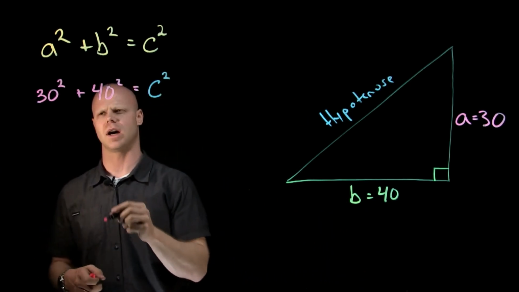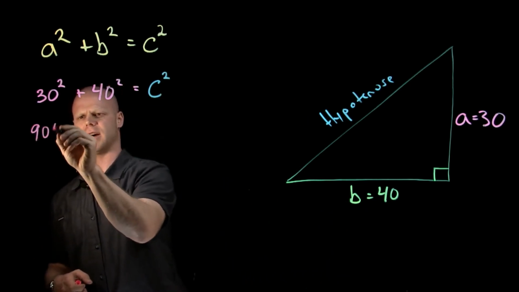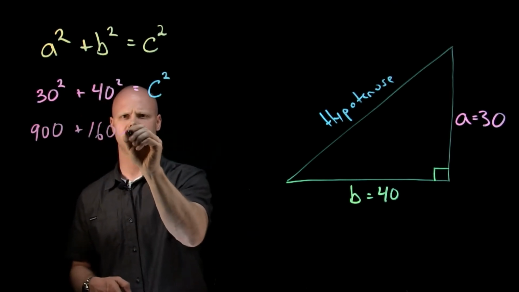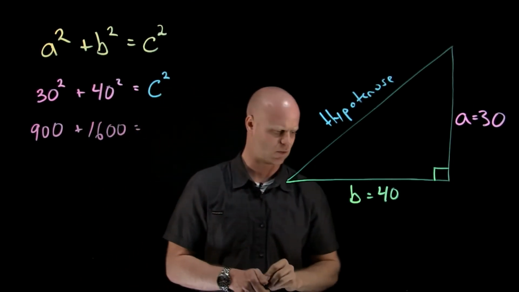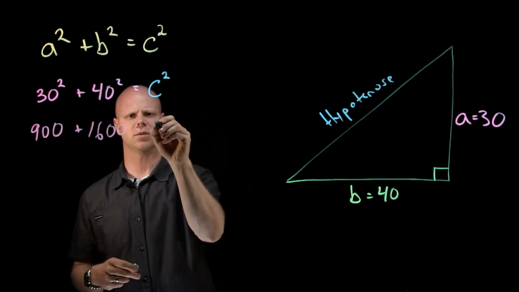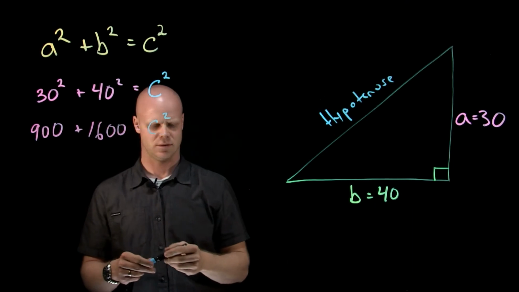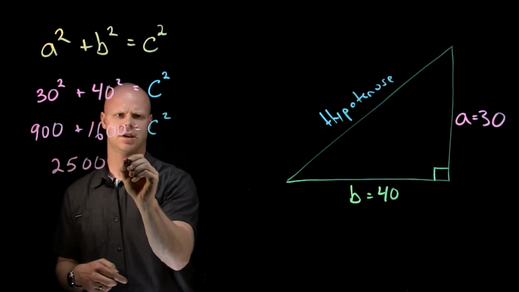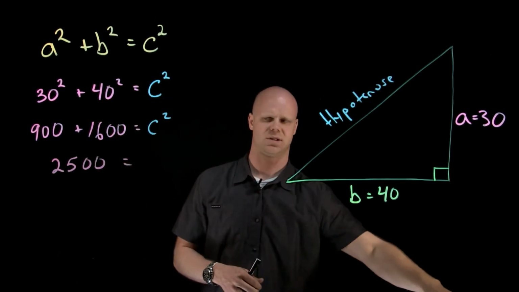So 30 squared is 900 plus 40 squared is 1600. This still equals c squared. So I'm going to simplify it once more, and I get 2500 units is equal to c squared.